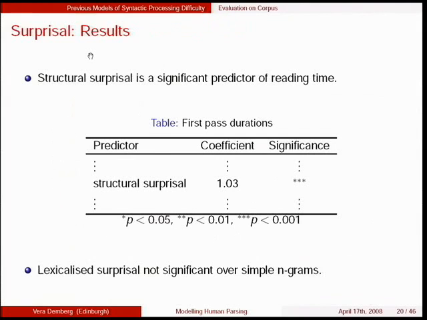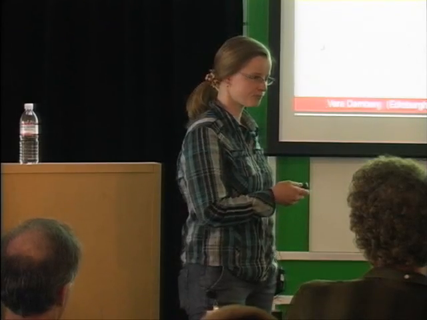When I ran this on all the sentences of the Dundee Corpus, I found that there was a positive coefficient here, and that means that this predictor, the surprisal at each word in the sentence, is a significant positive predictor of reading time in the corpus. So that would be support for this kind of theory.